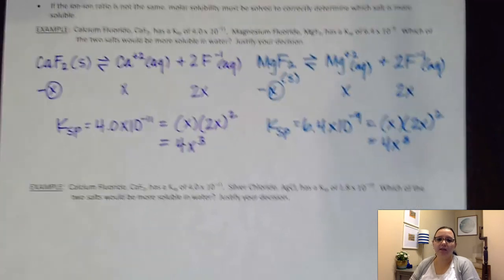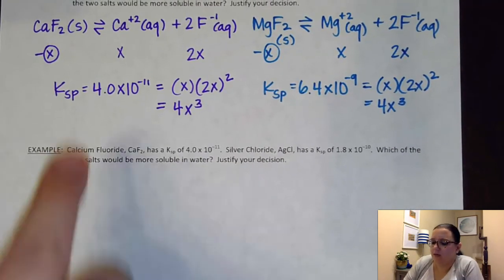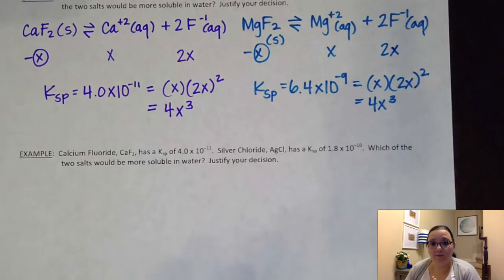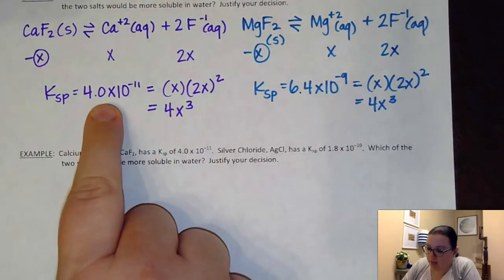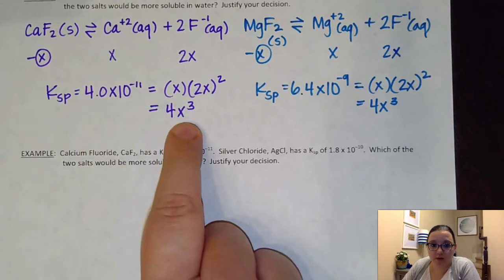Okay, so now let's think for just a moment. If x is my molar solubility, how much of my compound is dissolving? That means the thing that would give me a larger value for x would be more soluble. Well, here I have a smaller number equal to 4x cubed.